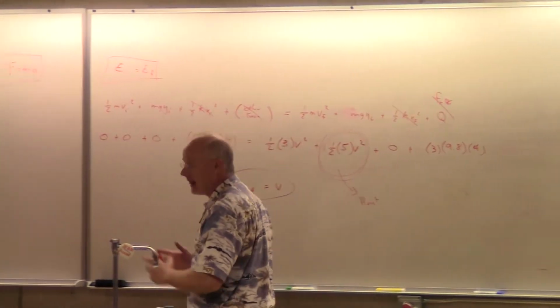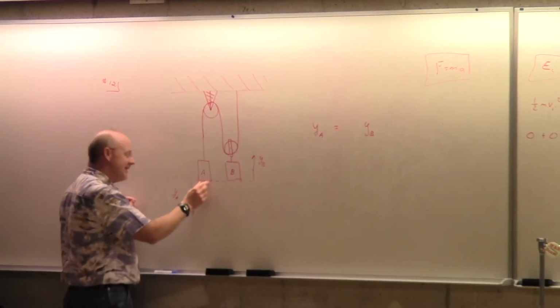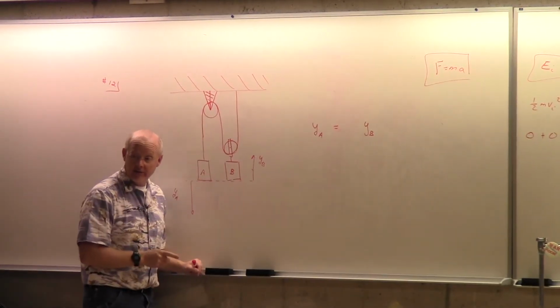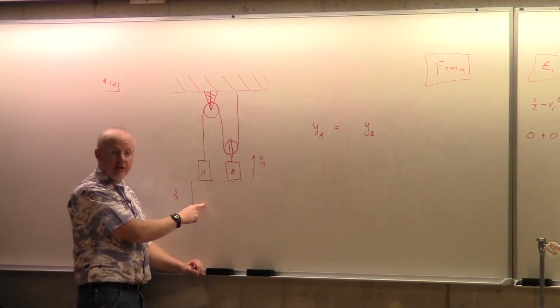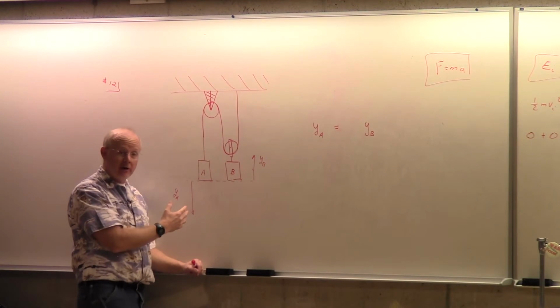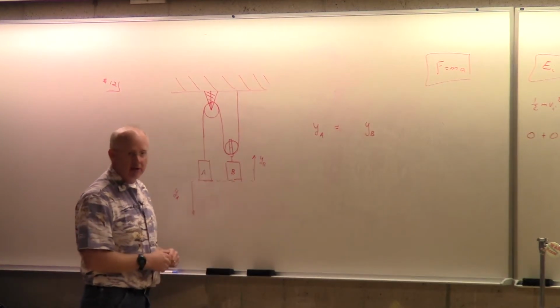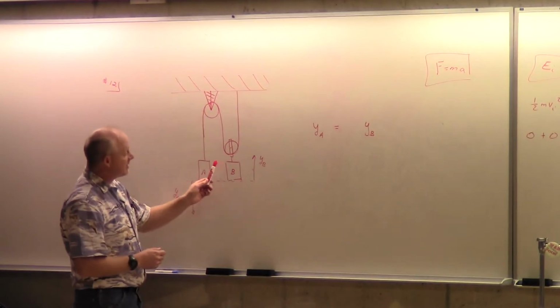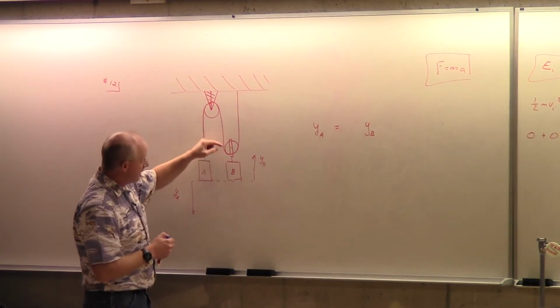Let's go through it. I like to do it this way. I like to say, let's just say you actually did pull it down 1 meter. Okay? That means this string's got to come an extra meter. Where are you going to get that extra meter? Assuming the string doesn't stretch, where do you get the extra meter from? Well, that's the fact that this one is not as low.